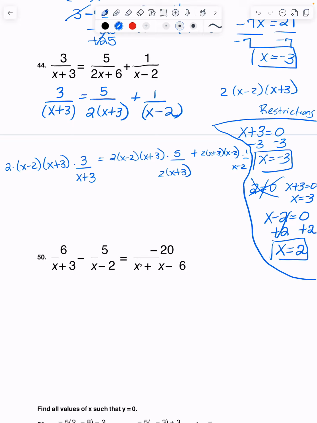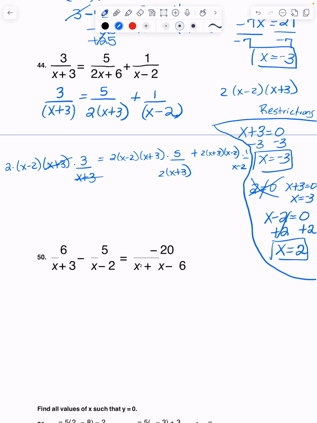Those are my restrictions. I'm going to put them over there. So, x plus 3 is going to cancel out with x plus 3. I am left with 2 times x minus 2 times 3.